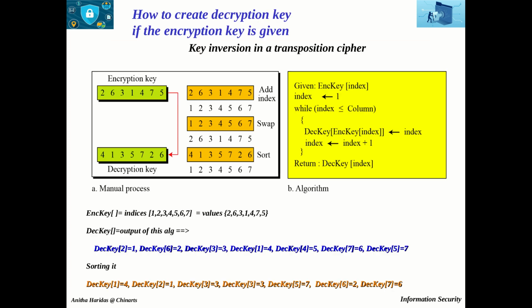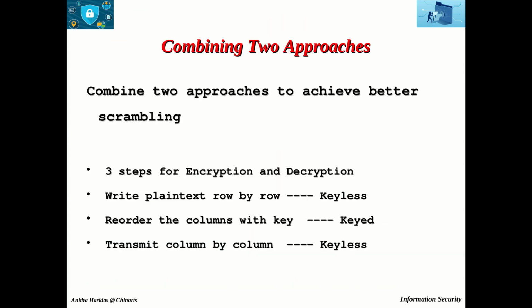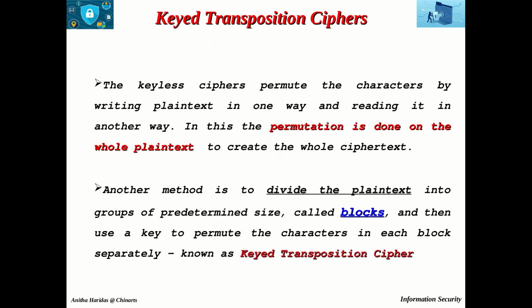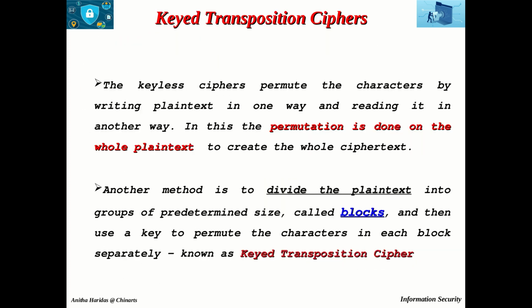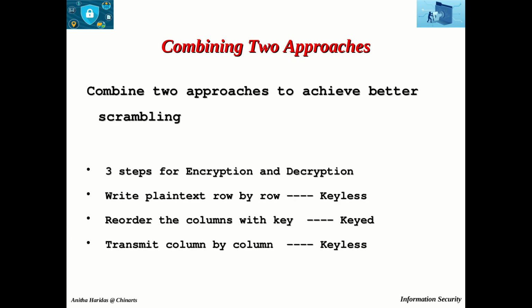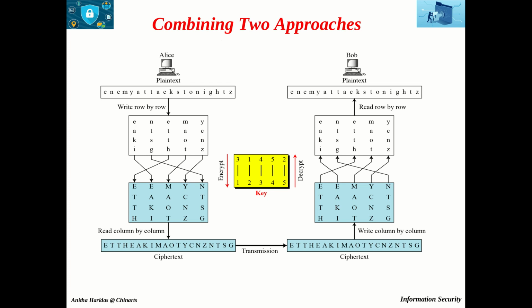So this is how we can do the keyed and keyless transposition cipher. We have seen what is keyless transposition cipher. We have seen what is keyed transposition cipher. Then how the two approaches can be combined together to achieve better scrambling is also seen here with an example.